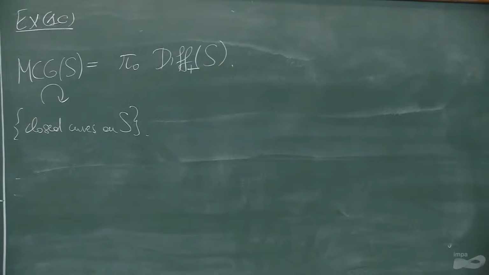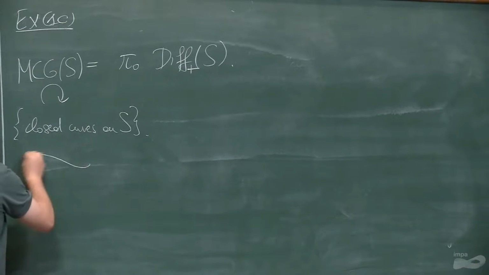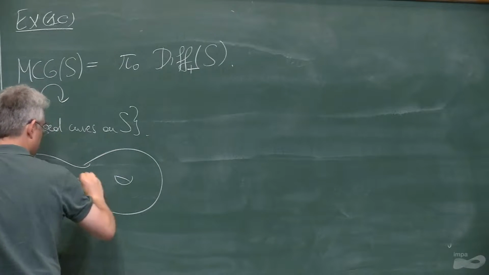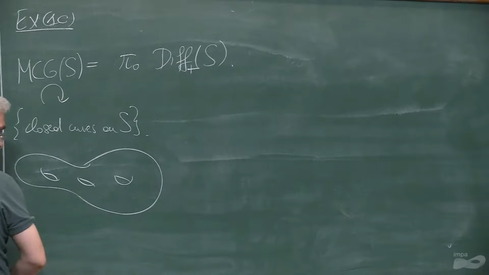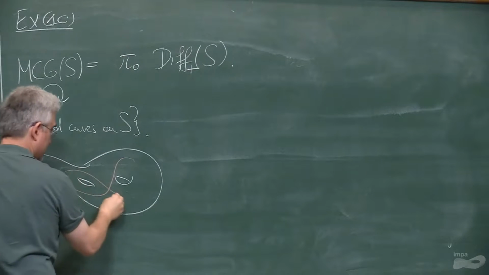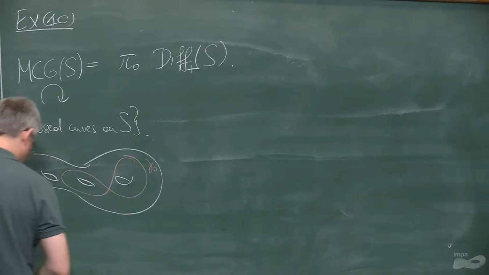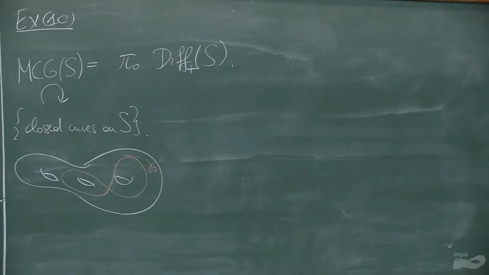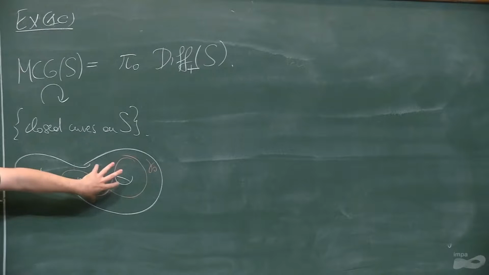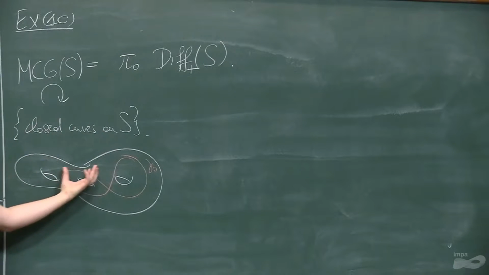So instead of counting all closed curves, we can count closed curves in an orbit of the mapping class group. So we can take, for example, a curve which is something like this. And we want to count all curves of this type, which means that they're taken by diffeomorphism to other curves.